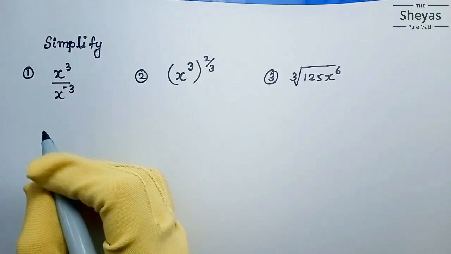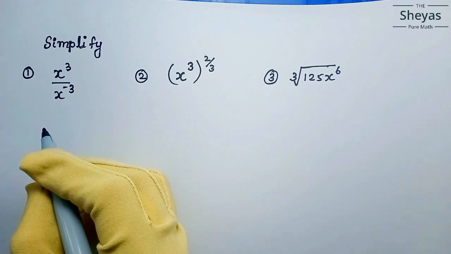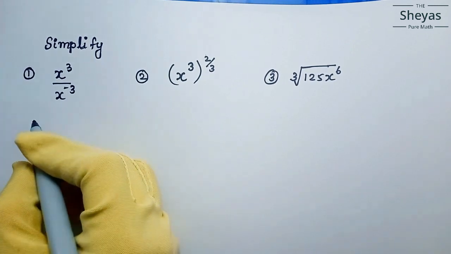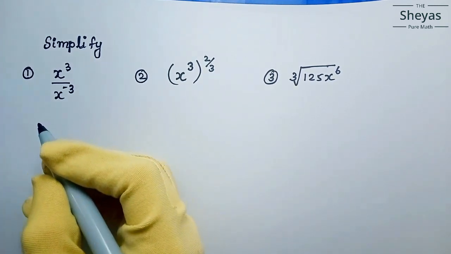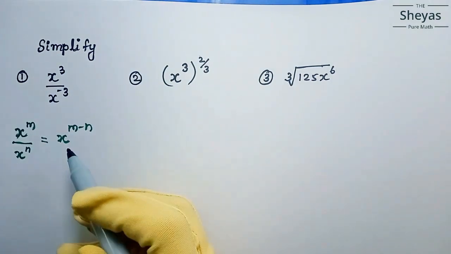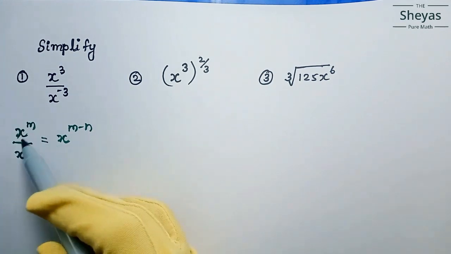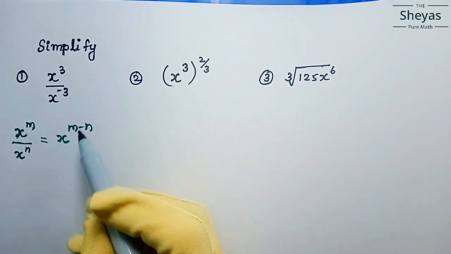The first problem is simplify x power 3 by x power minus 3. What is the law we have learnt? X power m by x power n is equal to x power m minus n.